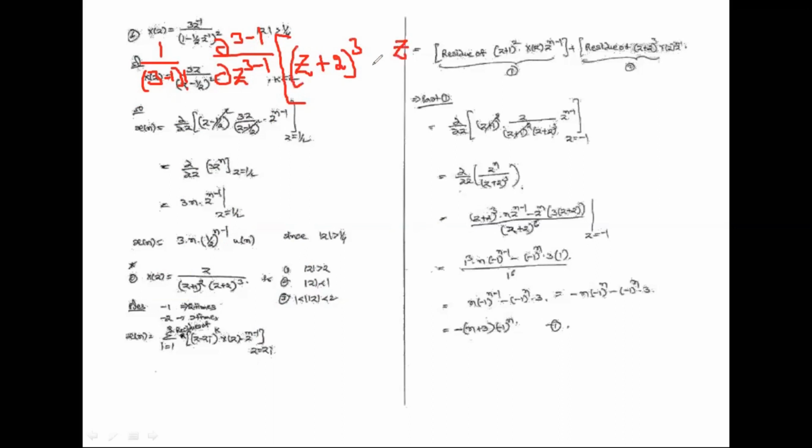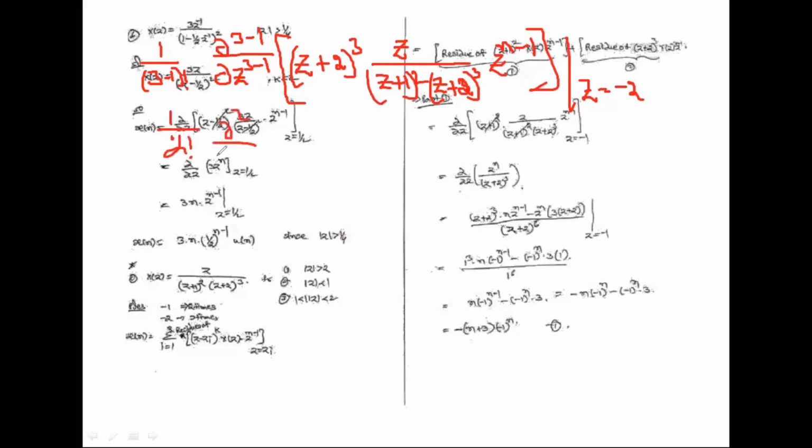What is the x of z? z by (z plus 1) whole square and (z plus 2) whole cube, and it is multiplied with z power n minus 1, at z is equal to minus 2. Using this formula, by the residue method, you can find x of n for the second part, x2 of n. 1 by (3 minus 1) means 1 by 2 factorial.